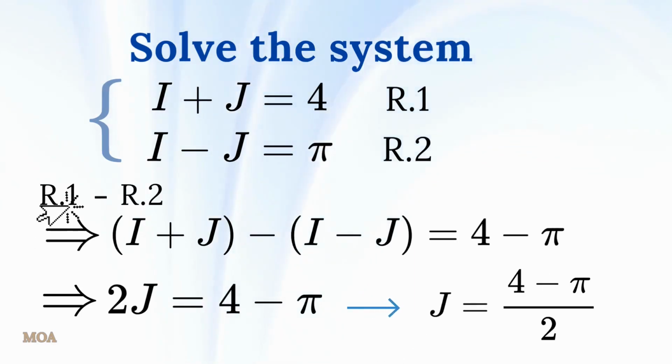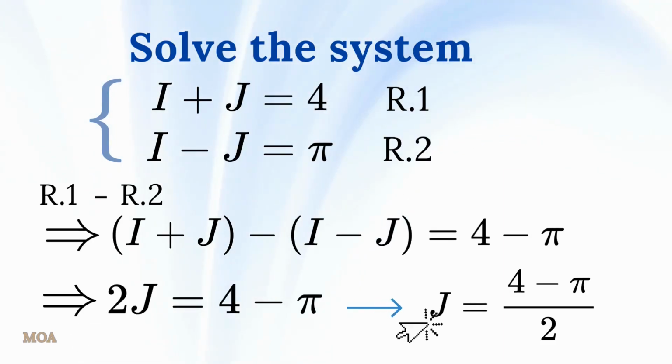Likewise, subtracting equation 2 from equation 1 yields I plus J minus the quantity I minus J equals 4 minus pi. After canceling positive I with negative I, this gives 2J equals 4 minus pi.